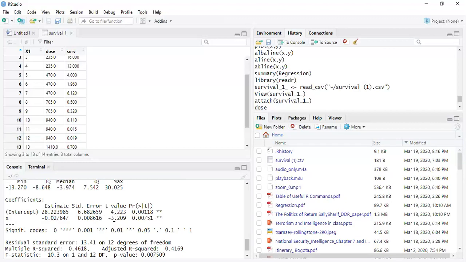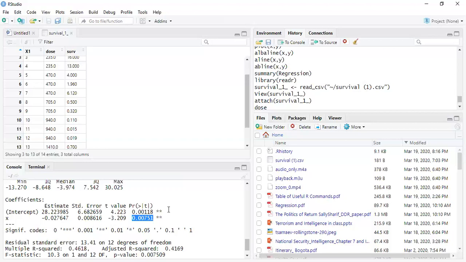Now, this is most important. This is the student t-value that gives us our p-value. So what's the p-value? We want a p-value lower than 0.05. The lower the p-value, the less likelihood that this is all happening due to chance.